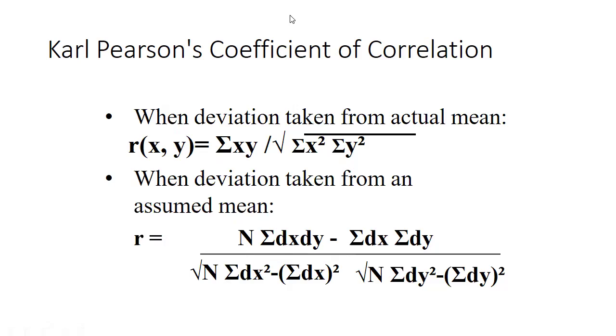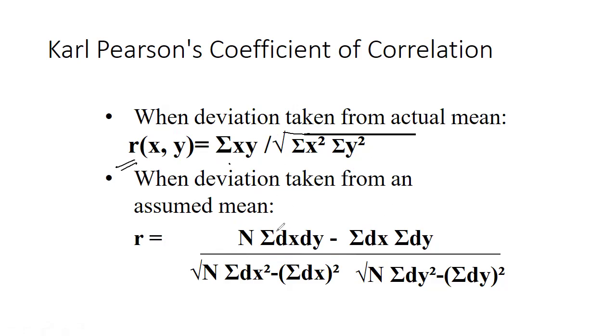The formula of the Karl Pearson coefficient of correlation: r equals summation xy upon square root of summation x square into summation y square.